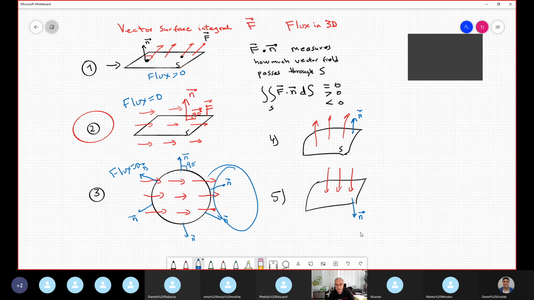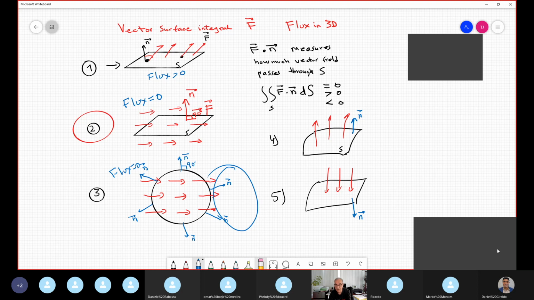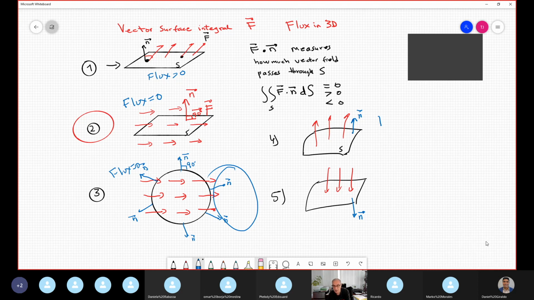No, because it's in the same, I put intentionally to confuse you. Okay, it's in the same direction. Look, the dot product F dot N is obvious que es positive in this. The dot product F dot N is obvious que es also positive because it's in the same direction.